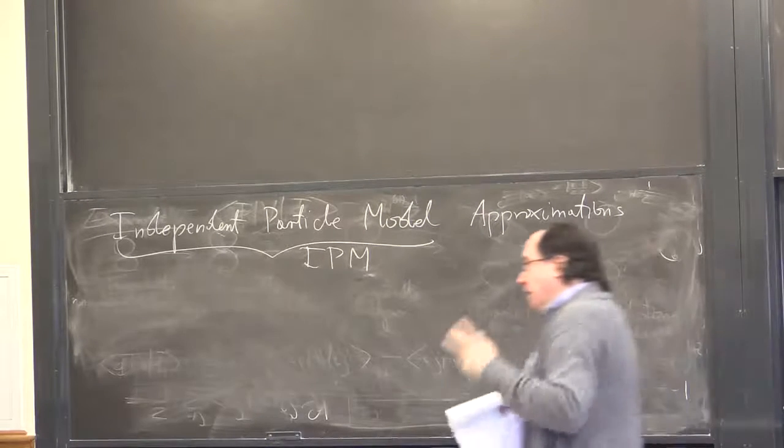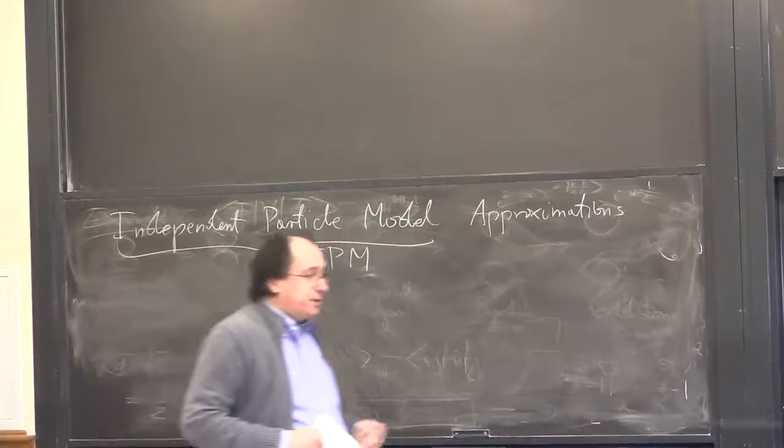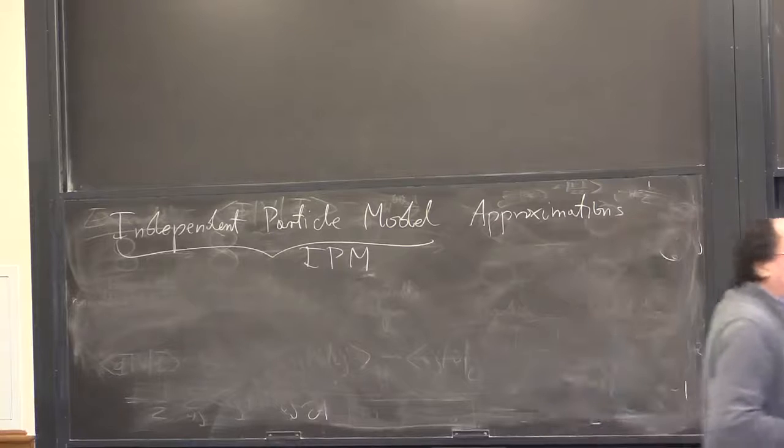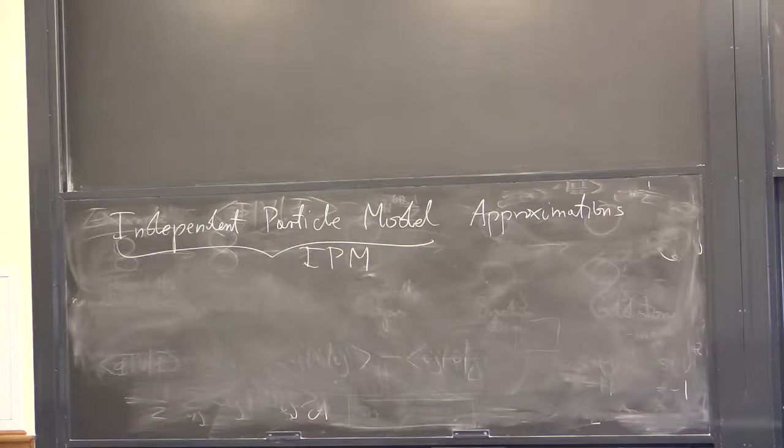If one determinant is dominant, it is reasonable to consider approximations where we simply approximate the many-particle state by a single determinant. Of course, you want to make sure that this determinant is as good as you can make it, so you don't want to just guess your orbitals in some naive way.